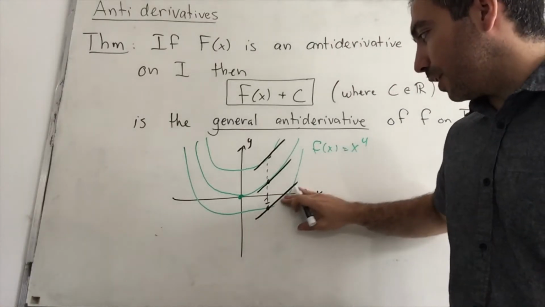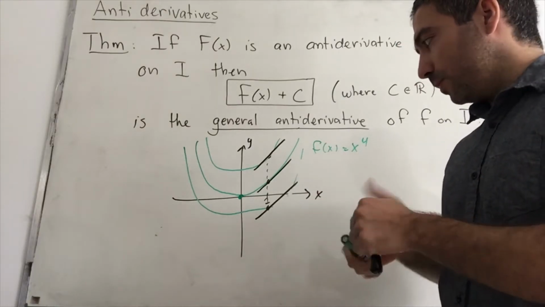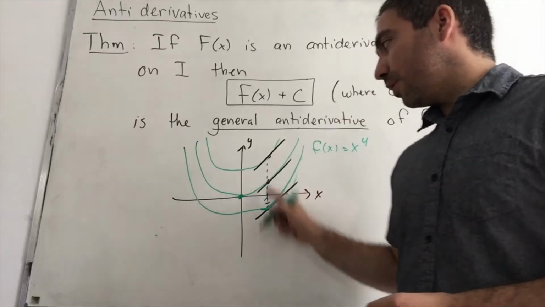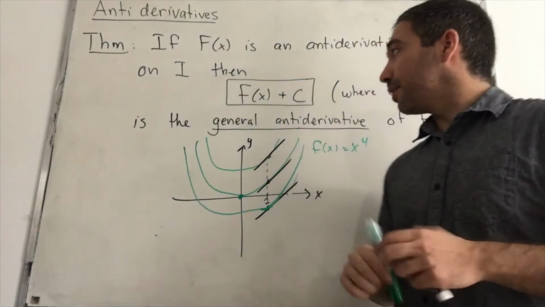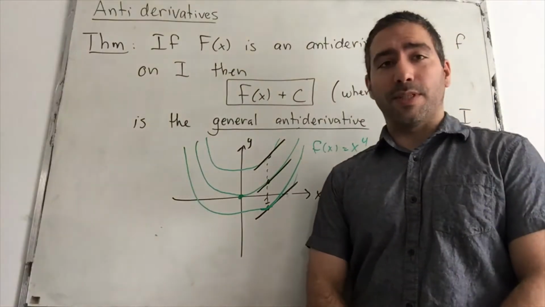Okay, I didn't draw it properly here, but this is the idea. So this would look something like this. And this is the idea for this term. Okay, let's continue and look at a couple of examples.